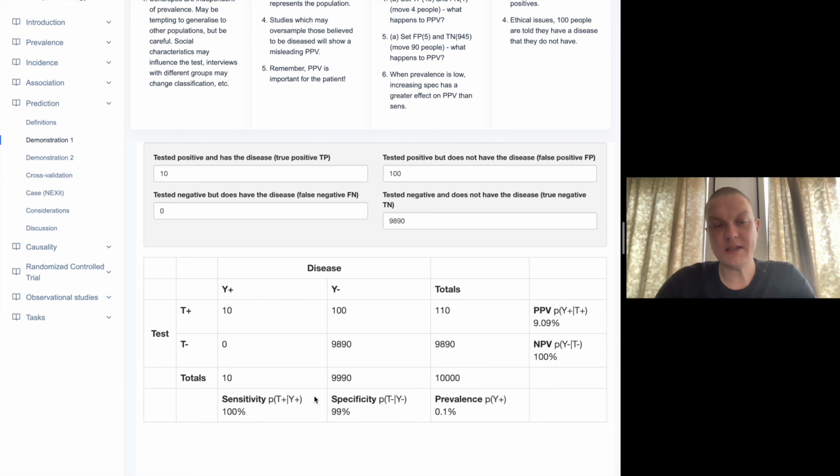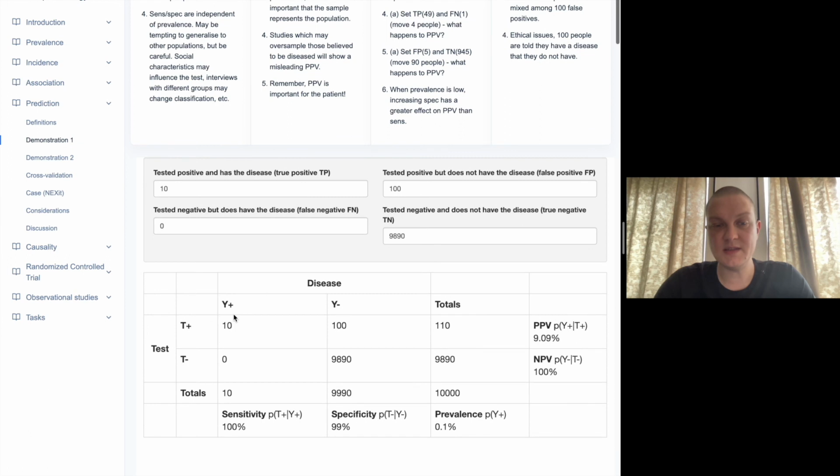Well, despite the fact that this test is really good, you have a high sensitivity and a high specificity, the positive predictive value of the test isn't very good, because the prevalence is very, very low. So among the ones who have a positive test, 110 people, there's only going to be 10 people that actually have the disease.